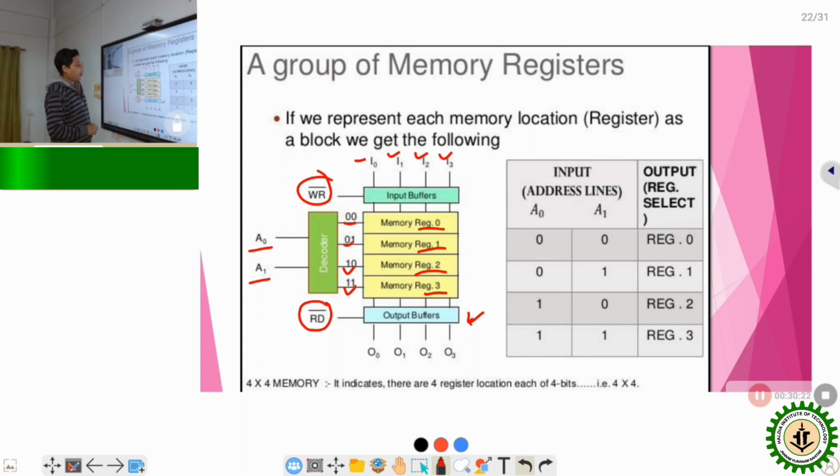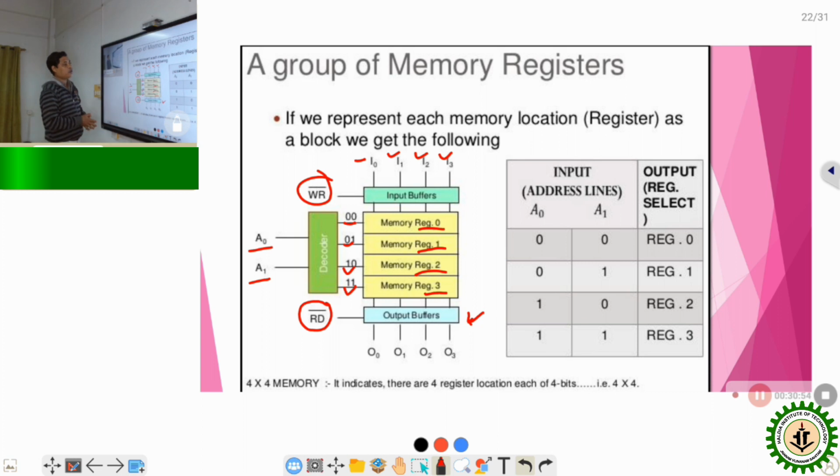So 2 address lines will be sufficient to access the 4 registers, and the outputs of the decoder are connected to the enable pin of each register shown in the previous diagram and enable the particular section, and depending on the address we will be able to access the memory and store or read the data.